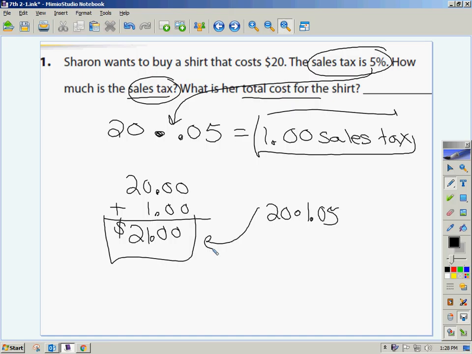So depending on which way they asked the question would depend on how I was going to work out the problem. But because this one asked for specifically how much tax, I wanted to see that. Everybody good? Can I go to the next problem? We still copying?